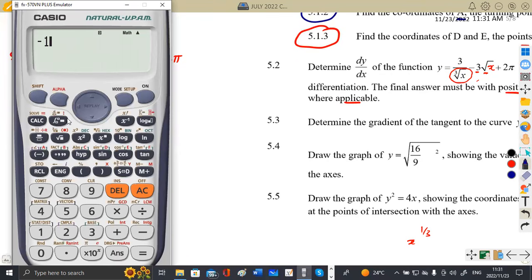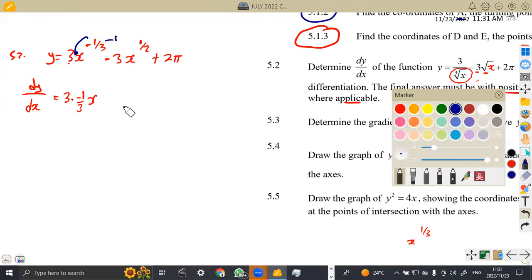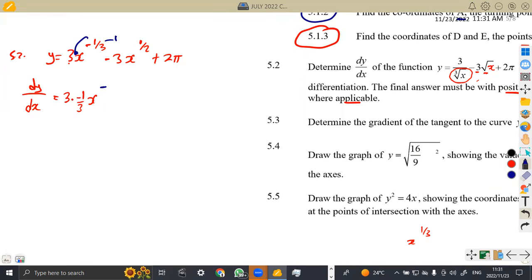From your calculator, minus a third minus 1 gives us -4 over 3.